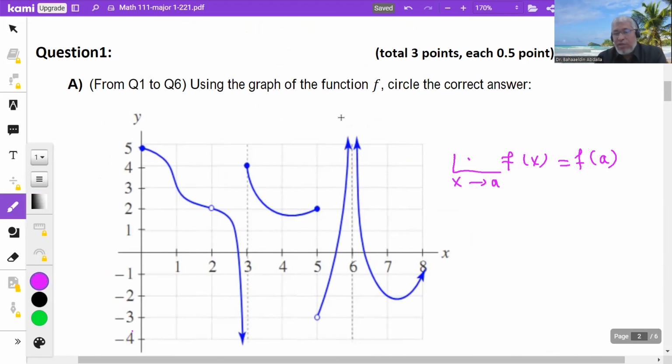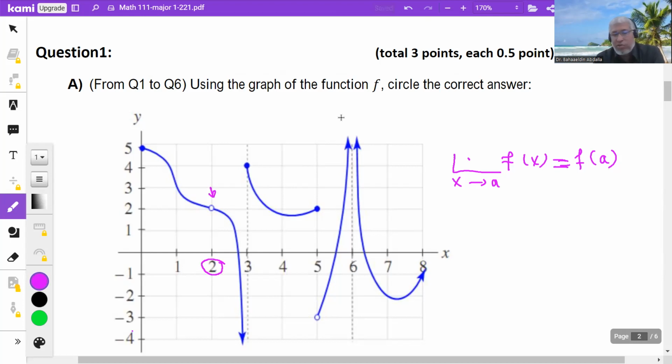But if f is not defined at a, then it's not continuous. If this limit does not exist, then the function is not continuous. If the limit exists and the function is defined at a, but they are not equal, also the function is not continuous.